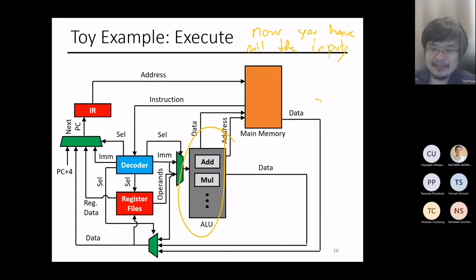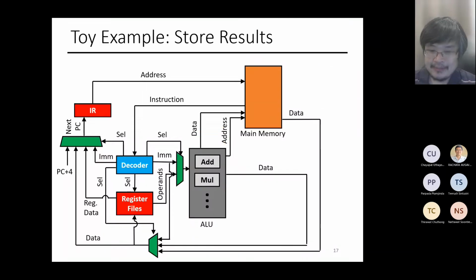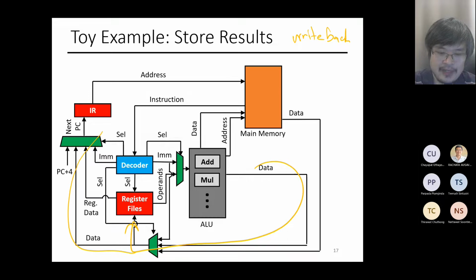Then the last step is I want to store the result. Sometimes this is called write back. So you write the result back either to the register file or the program counter. Basically, that's when you commit and finish up the command before you move to the next line in assembly.